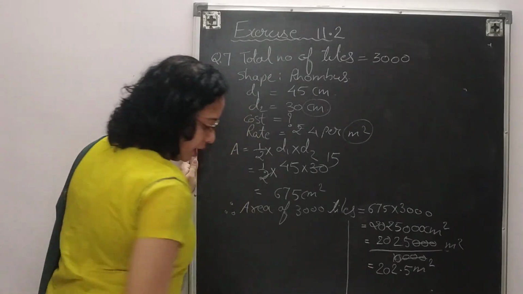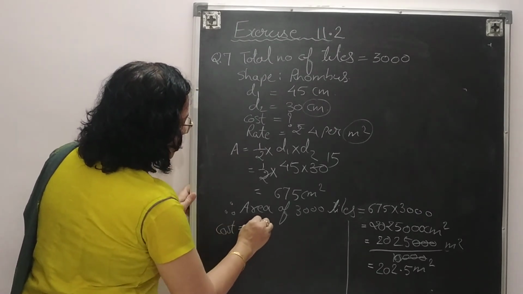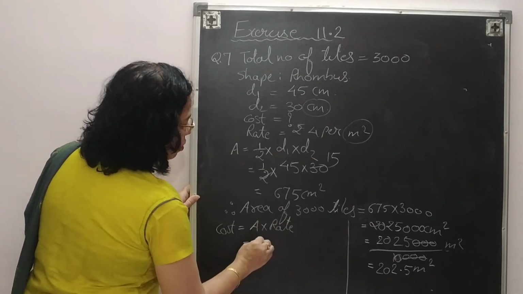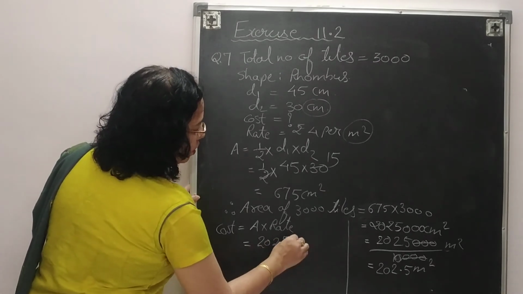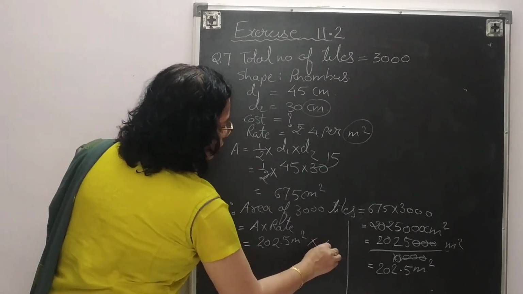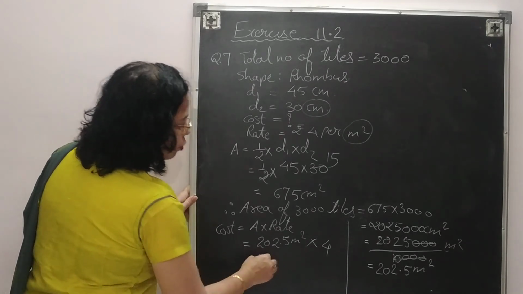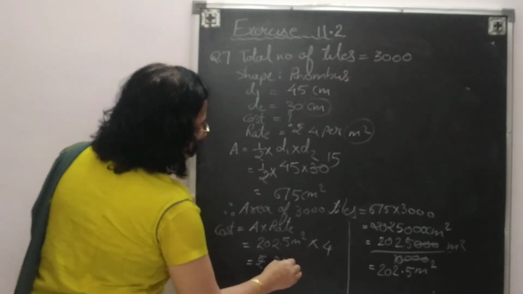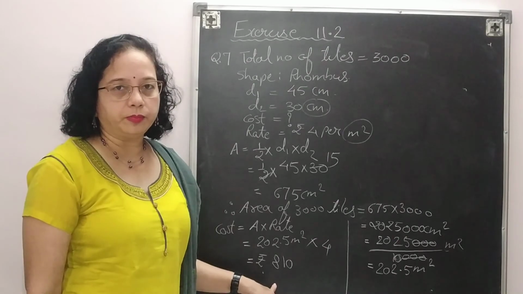Now the last part, here you need to find out the cost. How to find cost? Cost is area into rate. So how much area did we get here? 202.5 meter square, and into rate. Rate is given here rupees 4 per meter square. Since this is cost, your unit will be rupees. Multiply these two numbers and your answer will be 810. So your answer is 810 rupees.